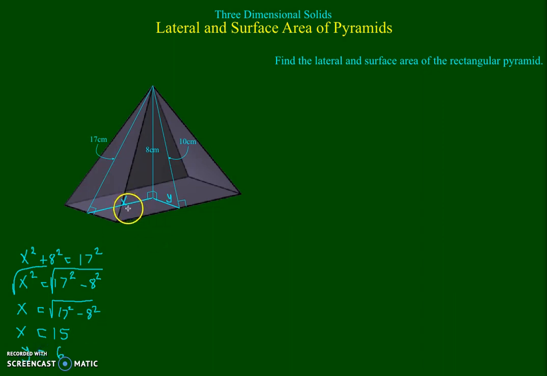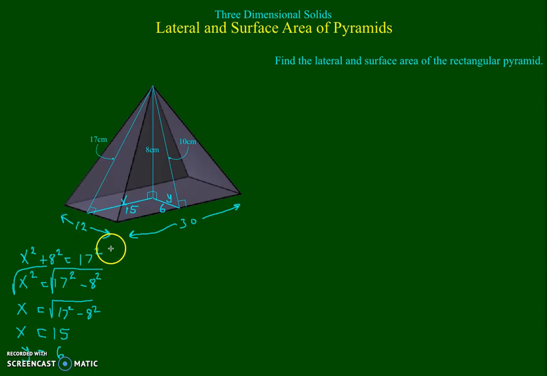So this guy is 15 and this guy is 6. Now that makes this side length twice this length. So this length is 30 from here to here. And since this is 6, this whole length is 12. So this distance is 12.